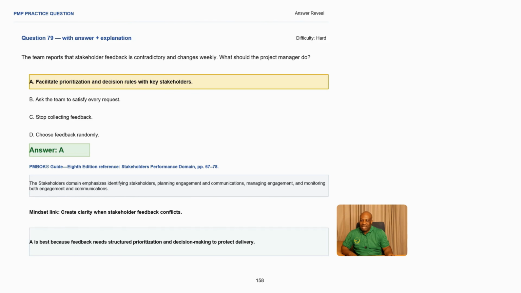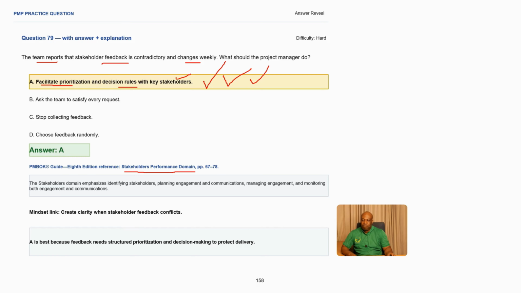So the best answer here is A. You need to facilitate prioritization and decision rules with key stakeholders. This is very important because our problem is that the team is reporting that stakeholder feedback is contradictory and changing every week. What is our reference to the PM book? It's the stakeholder performance domain.